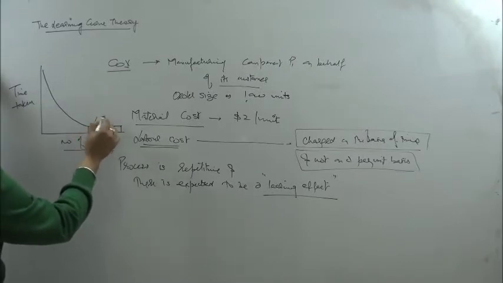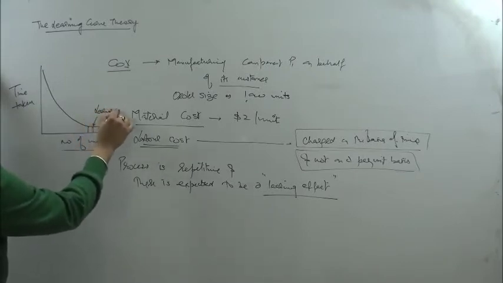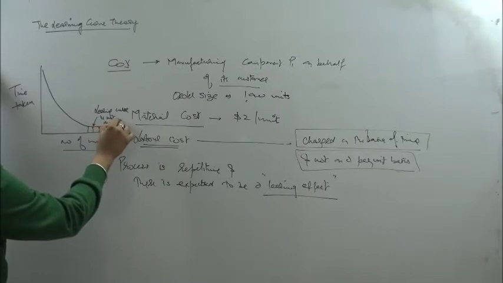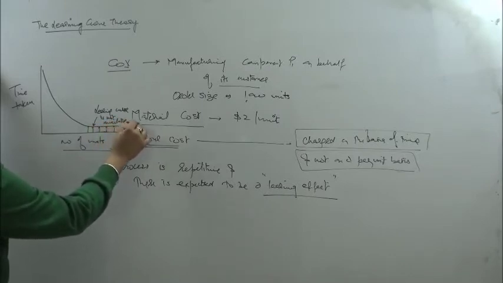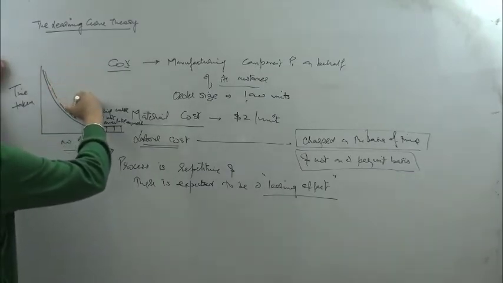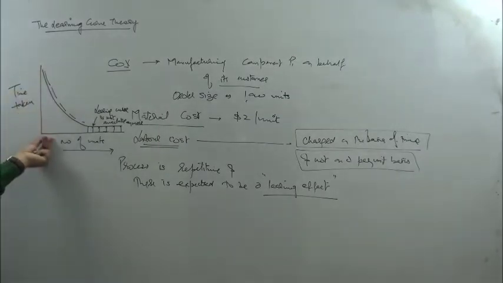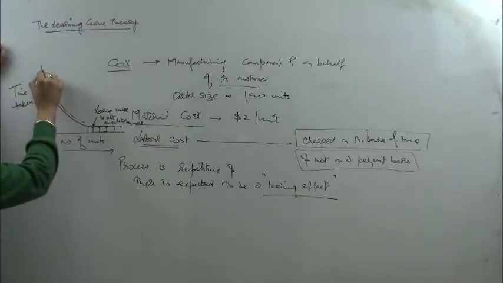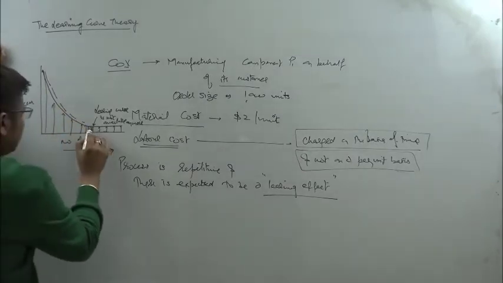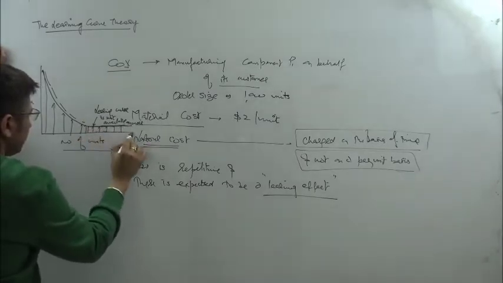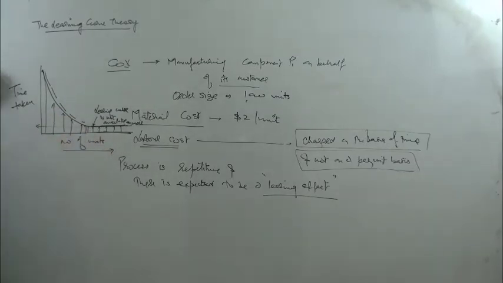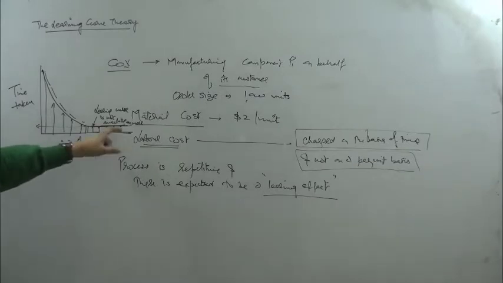So let's say this is the point where the learning curve is not available anymore. The time you take to make the first product is very high, but when you move forward, the time starts to decline and it reaches a minimum level where the curve is pretty much parallel. So this is the fixed time that you would spend to make any of the products going forward. Of course, there are some more assumptions.